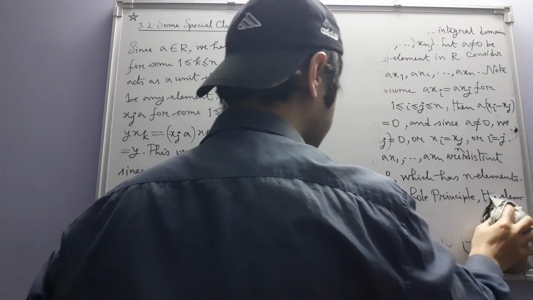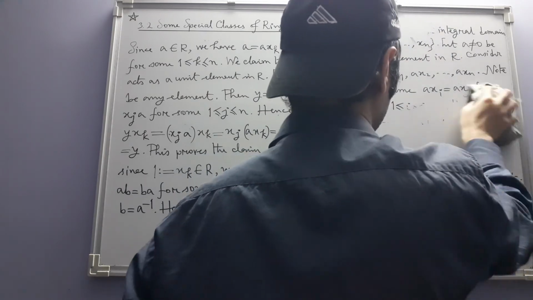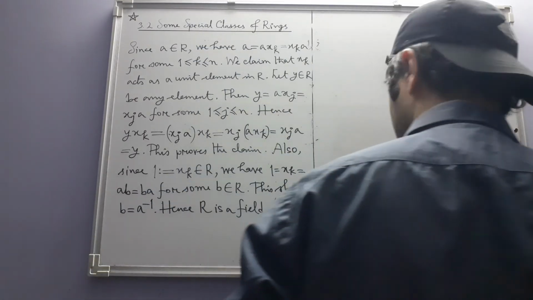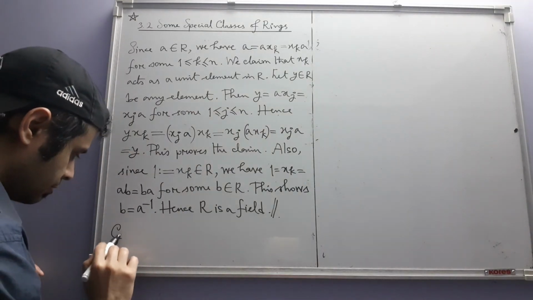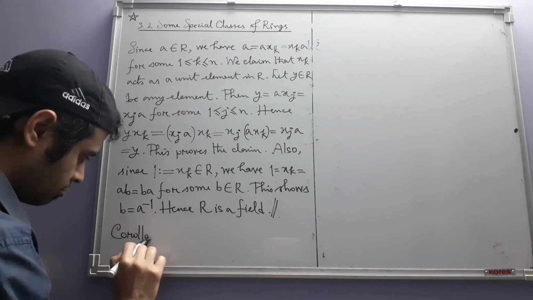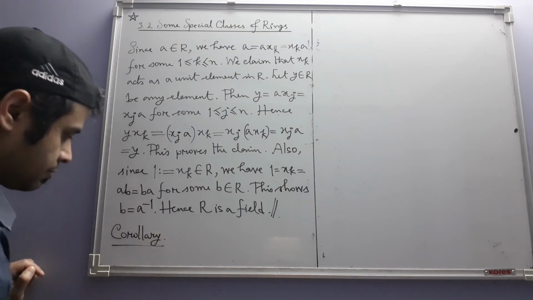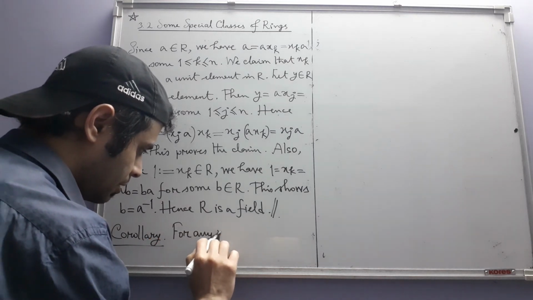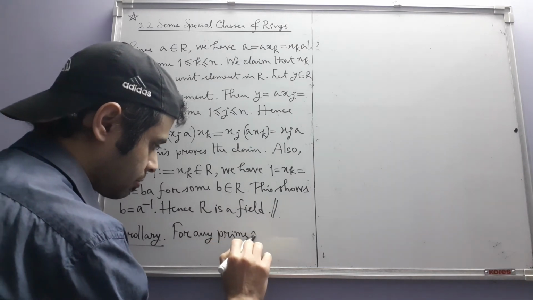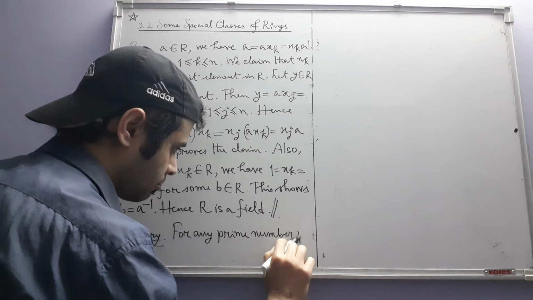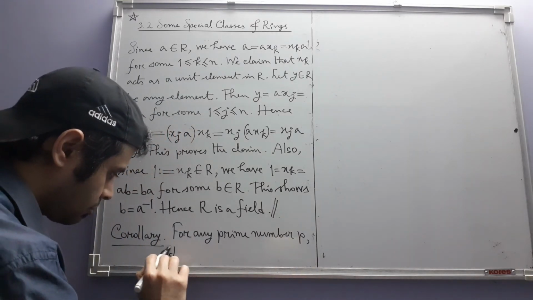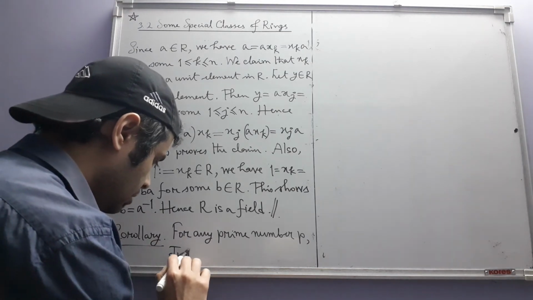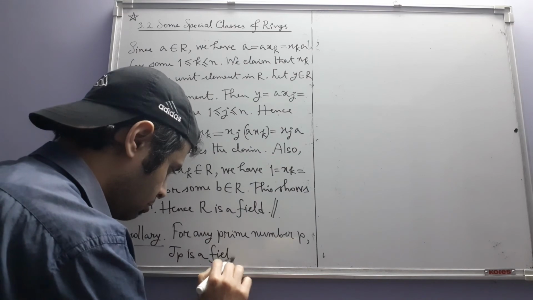Now this result has an immediate corollary which is very interesting, and the corollary goes like this. For any prime number P, the ring of integers modulo P, Zp, is a field.